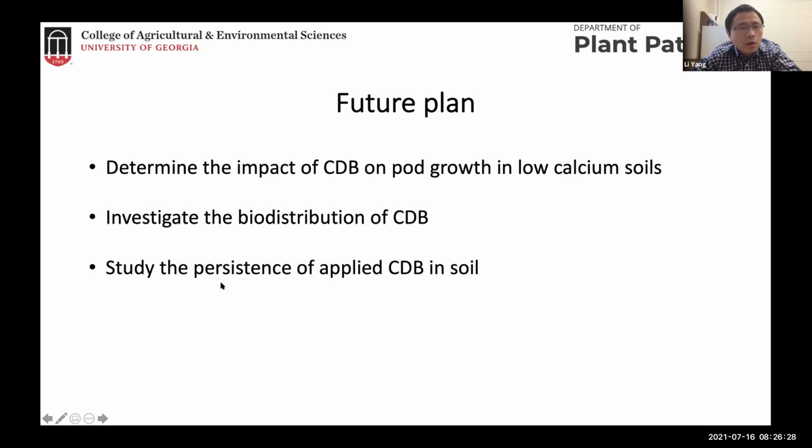And Alan is also tracing the persistence of CDB in soil. Alan created some bacterial strains that carry resistance to antibiotics, and this enables us to trace the amount of CDB that we added into soil.